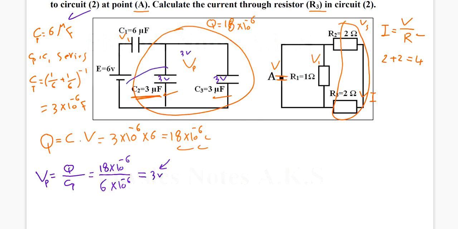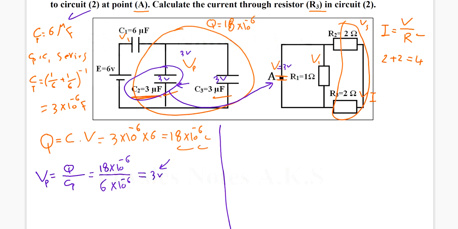Okay, but we only care about this here. So we take this capacitor and we bring it right here. It means this capacitor will work as a power supply of voltage 3 volts. Agreed? Okay, good. Now pay attention right here, guys.